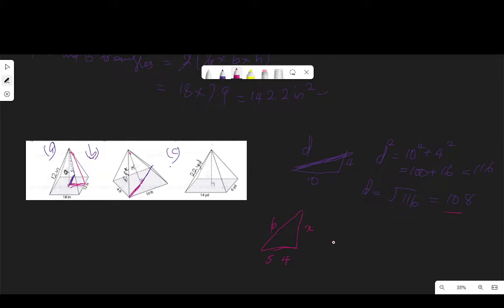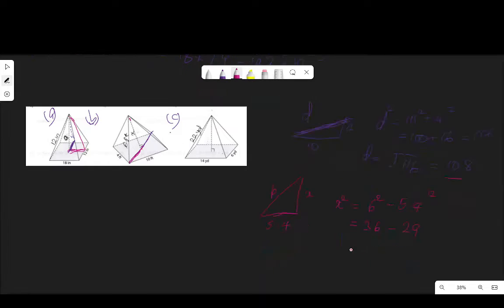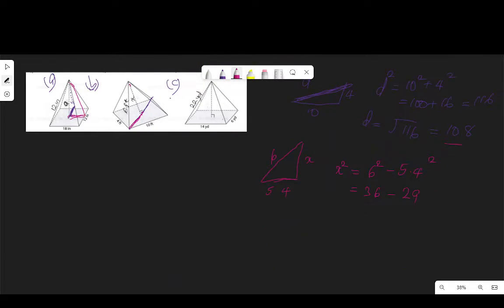This one right here. So s squared is equal to 6 squared minus 5.4 squared. And 6 squared is 36 minus 5.4 squared is 29. And 36 minus 29 is 7. S therefore is square root of 7. Square root of 7 should be 2 point something.